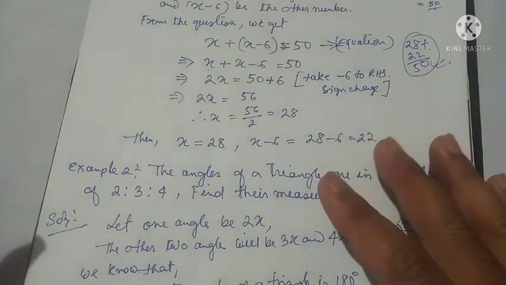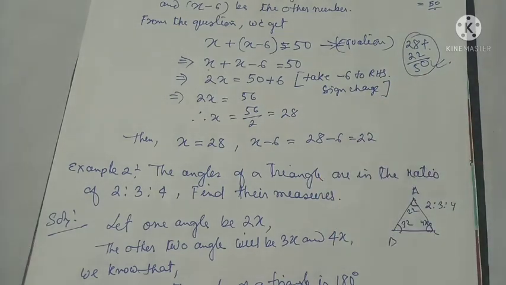We have solved the linear equation to find out the variable also. And now this is an application, a word problem for the linear equation, which we solve by using the transposition method and the systematic method.